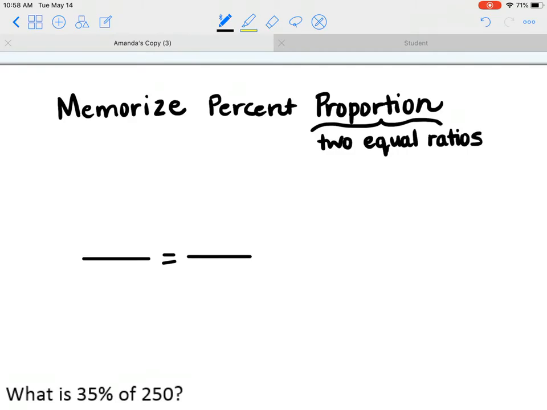And you may be thinking, okay, what's a ratio? I have no idea what that means. For the purpose of this video, we're going to call those fractions. So a proportion is two equal fractions.